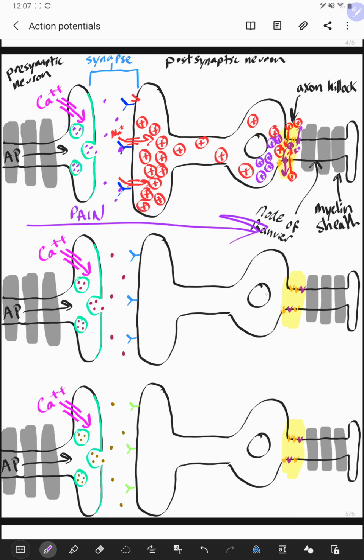The signal travels down this neuron and then gets to this neuron, and if it stops at this neuron and never reaches the brain, then we're not going to feel the pain. So that's just a good example of when this is happening.